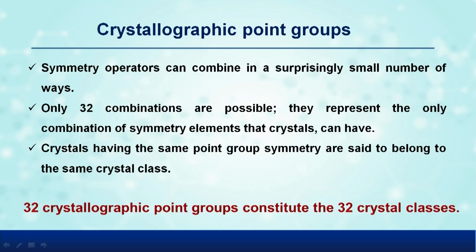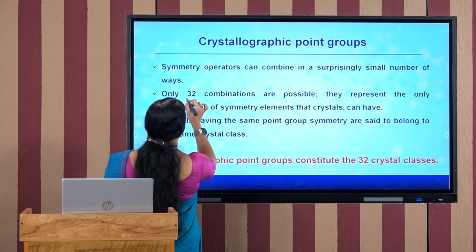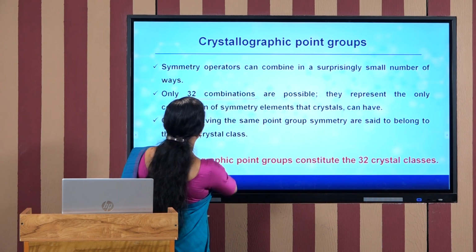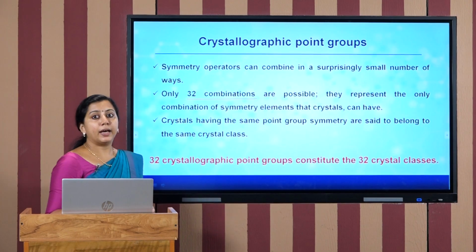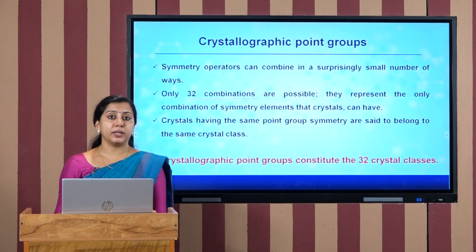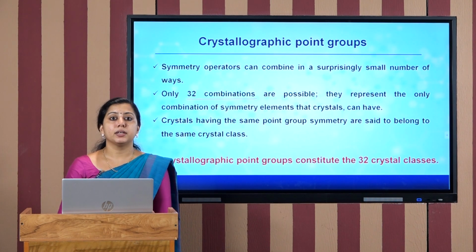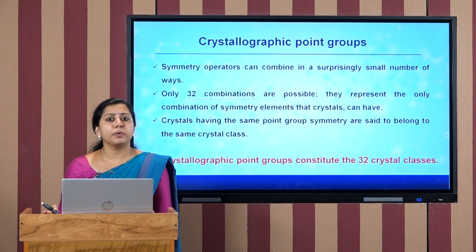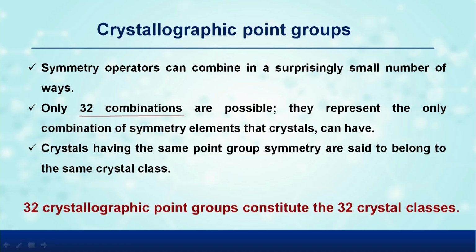And in the previous slide, we saw that there will be a group of symmetry elements. However, symmetry operators can combine in a surprisingly small number of ways, and it was observed that only 32 combinations are possible. These 32 combinations of symmetry elements represent the only combinations of symmetry elements that crystals can have.